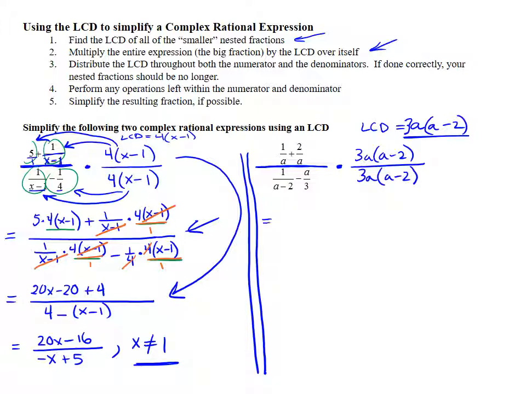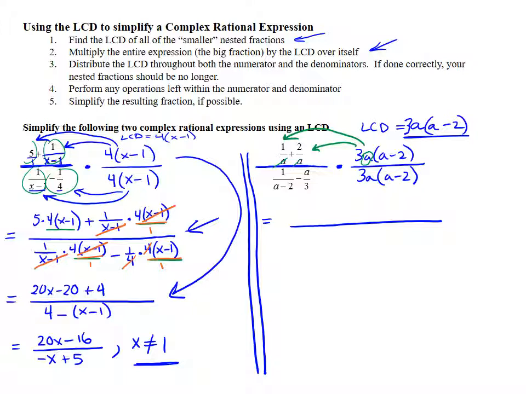This time, as I write it down, I'm going to simplify as I go. I'm going to distribute this to both terms in the numerator. When I distribute this to both terms in the numerator, this a right here is going to cancel with the a's that were in their denominators.